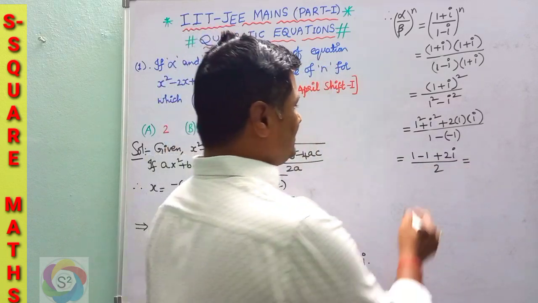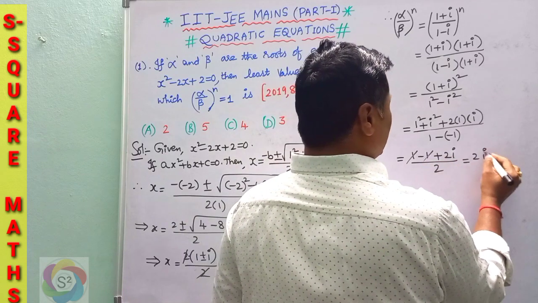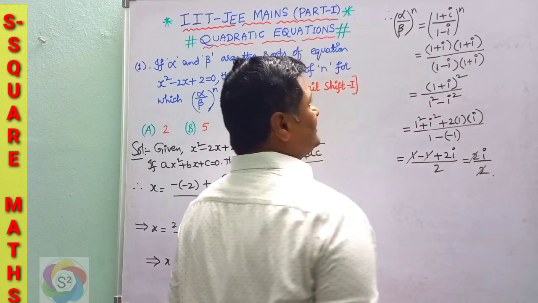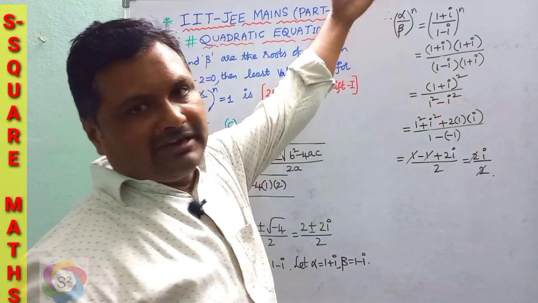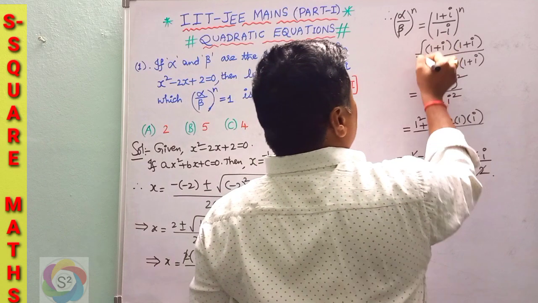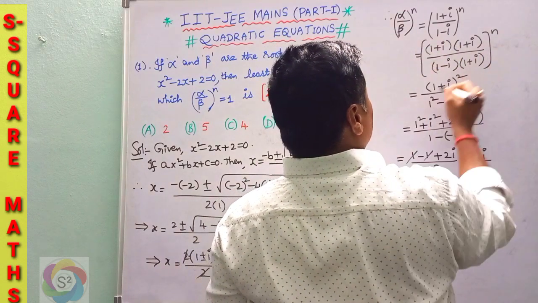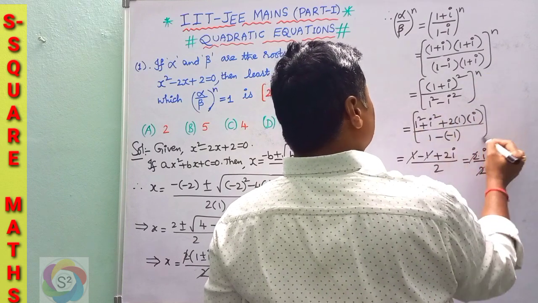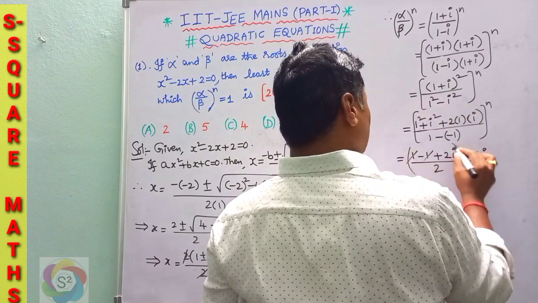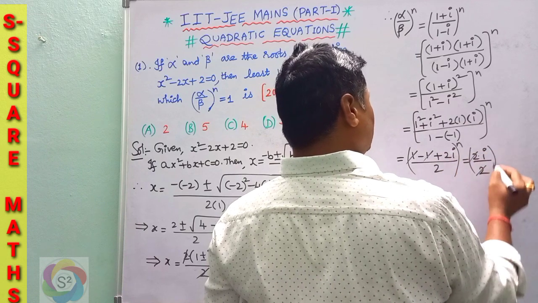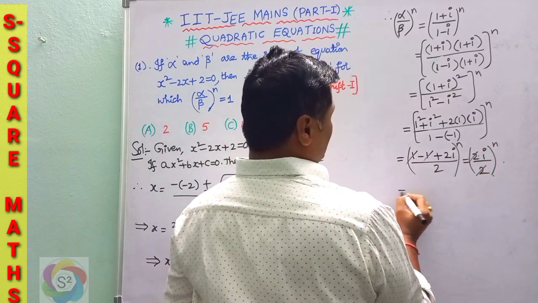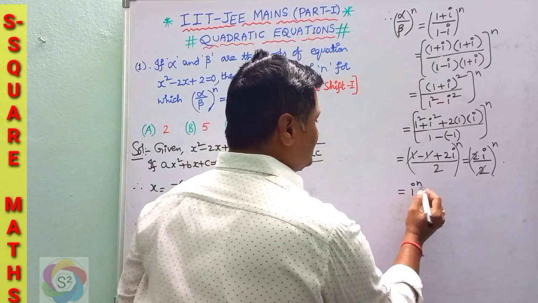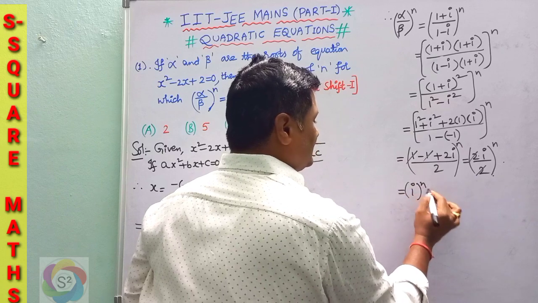Finally 1 minus 1 is 0, 2i by 2, and 2 and 2 get cancelled. Here alpha by beta whole power n, so for all of them you have to consider the whole power n. So what I got here is i power n. Be careful, i power n.